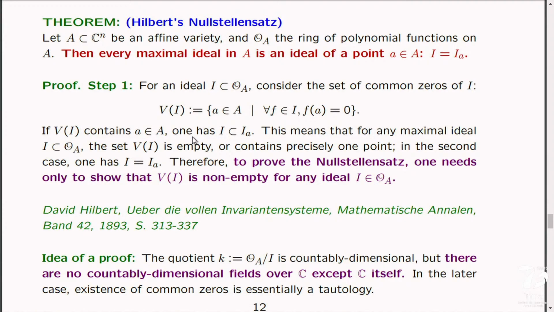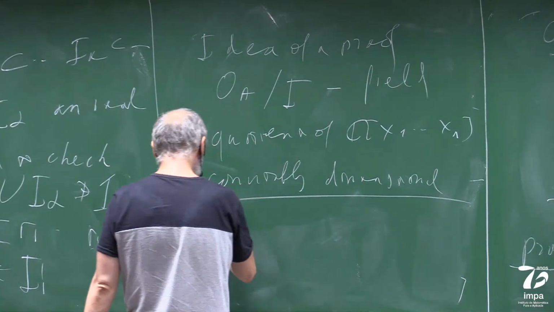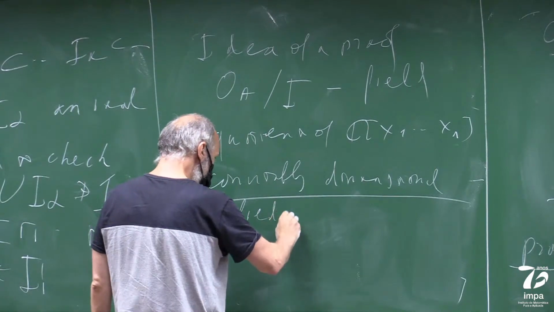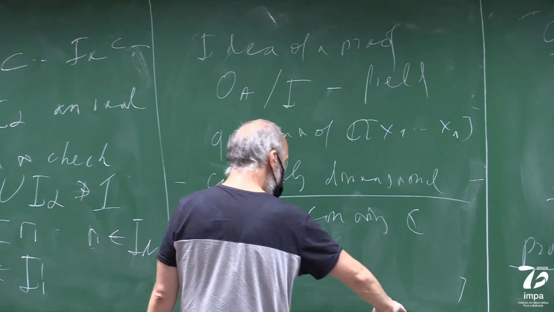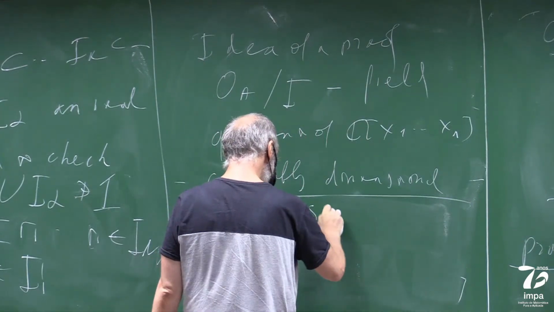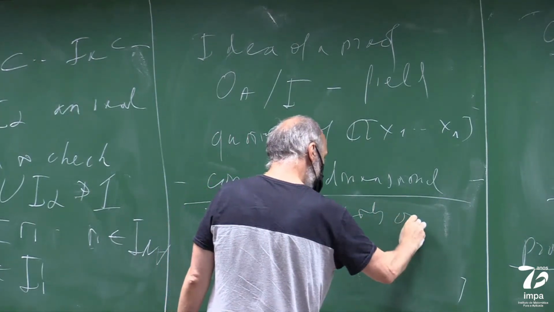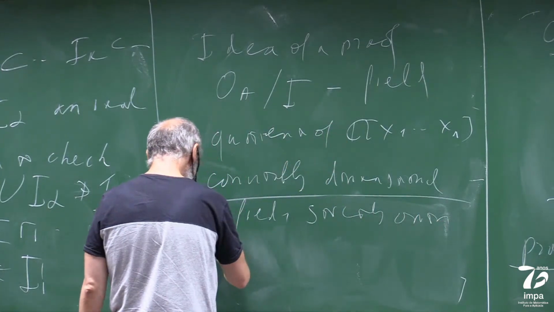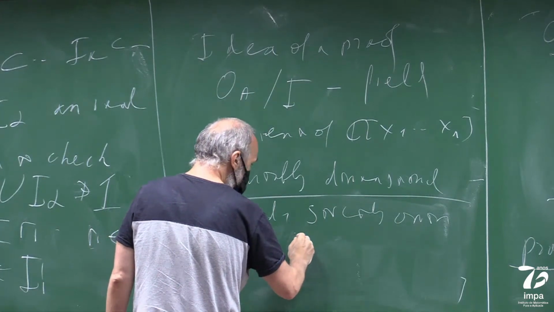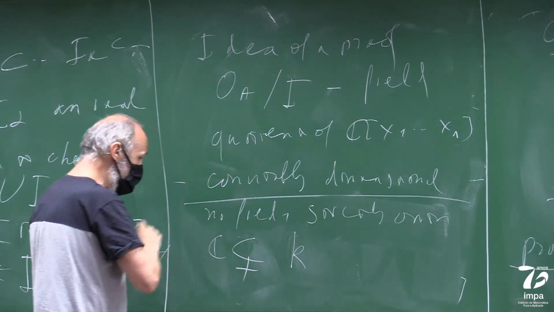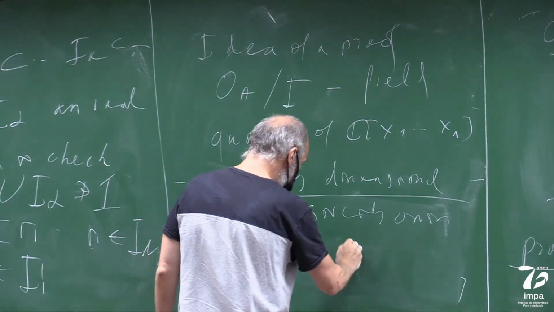And then you prove that no field K strictly containing C, so K strictly bigger than C, is countably dimensional.